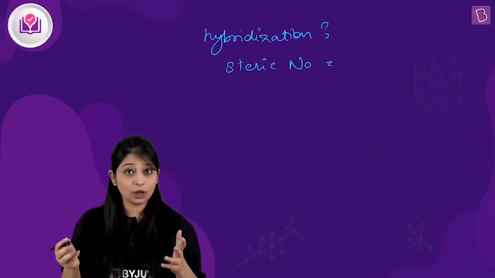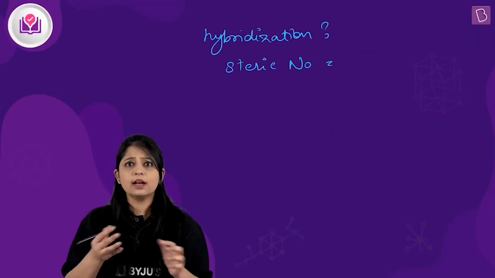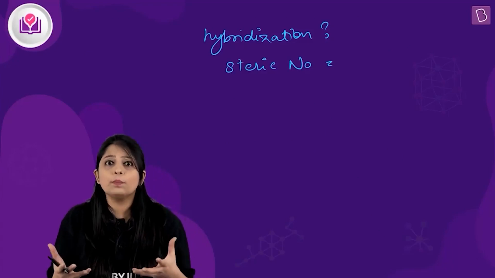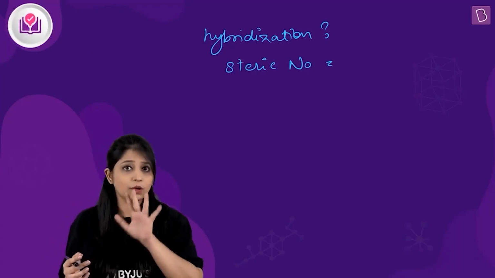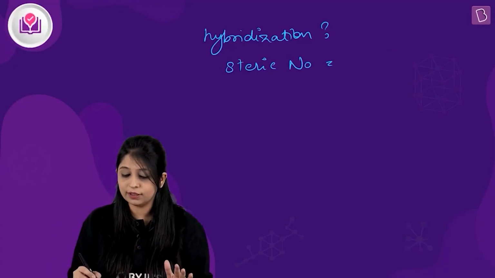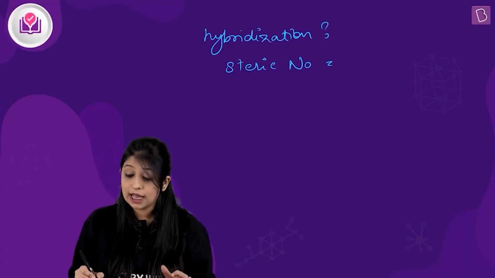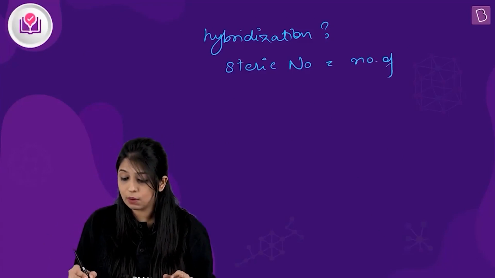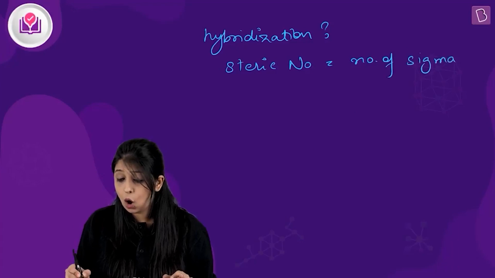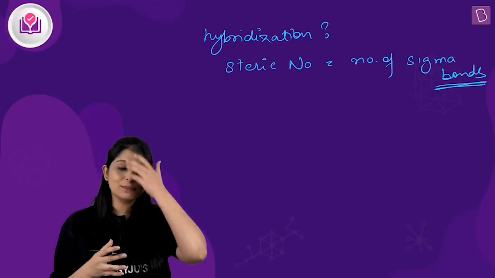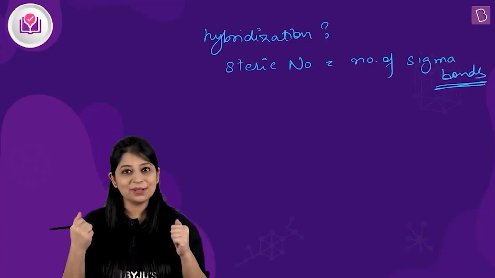So for this question, we only have to figure out the number of sigma bonds that all carbon atoms are making, and that will give us our steric number, and through that we'll know our hybridization.